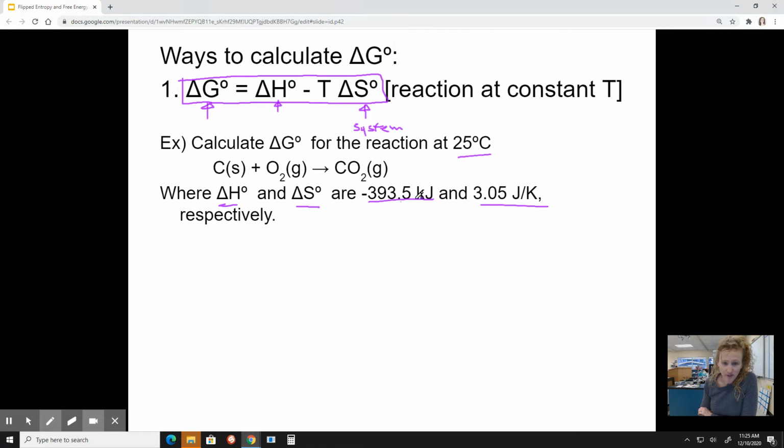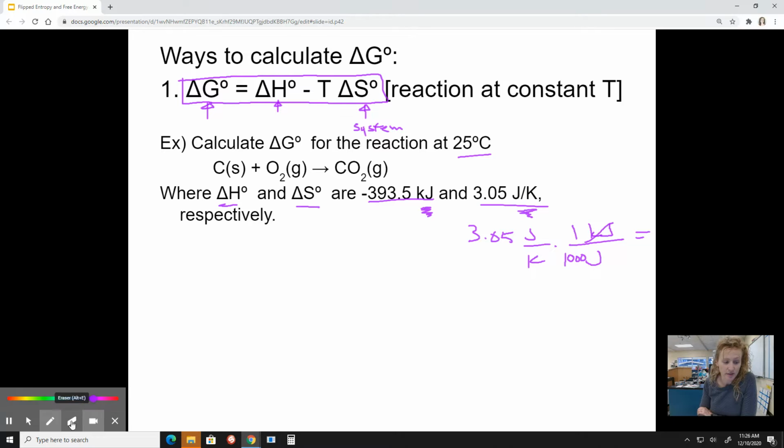All right, so the first thing I notice here is that my delta H is in kilojoules and my delta S is in joules per Kelvin. So we definitely want those to agree. Let's go ahead and convert joules per Kelvin into kilojoules. So I have joules per Kelvin. I want to get rid of joules, get it into kilojoules. So for every 1 kilojoule, there's 1,000 joules.